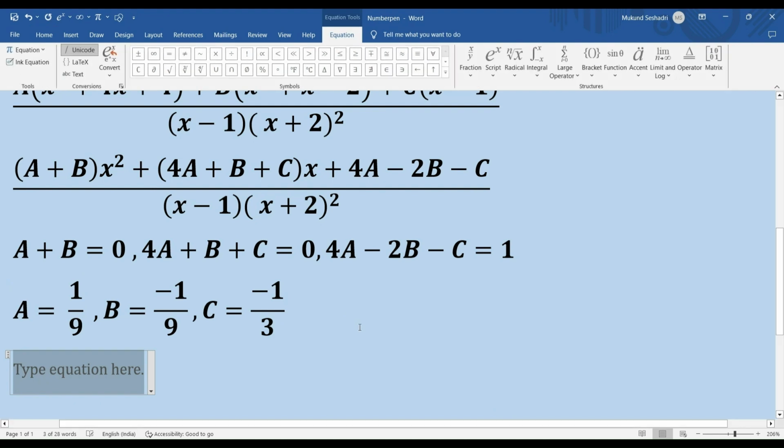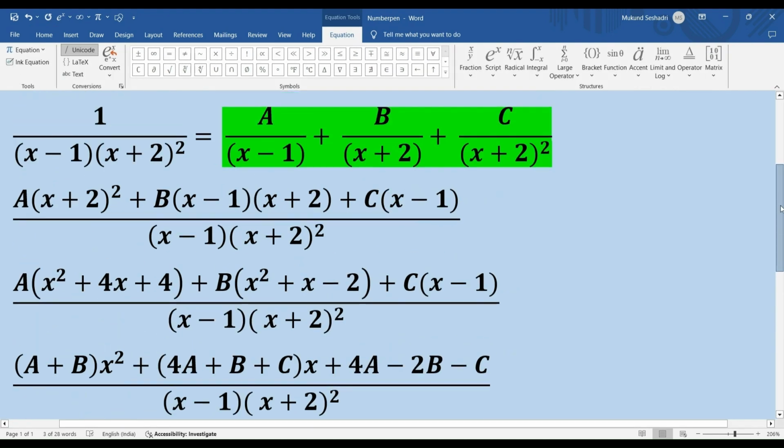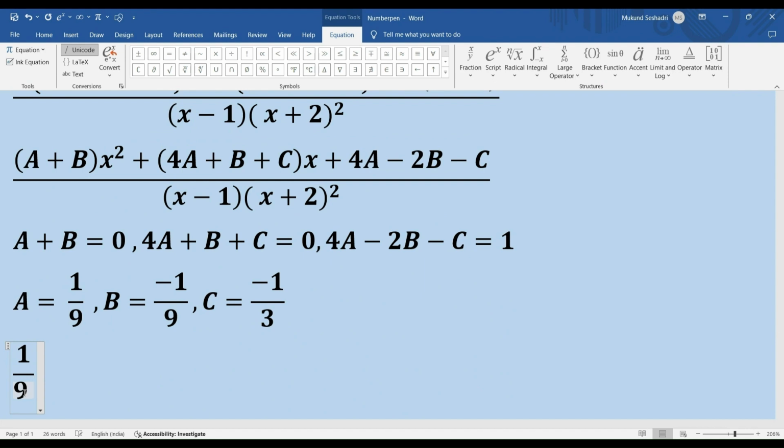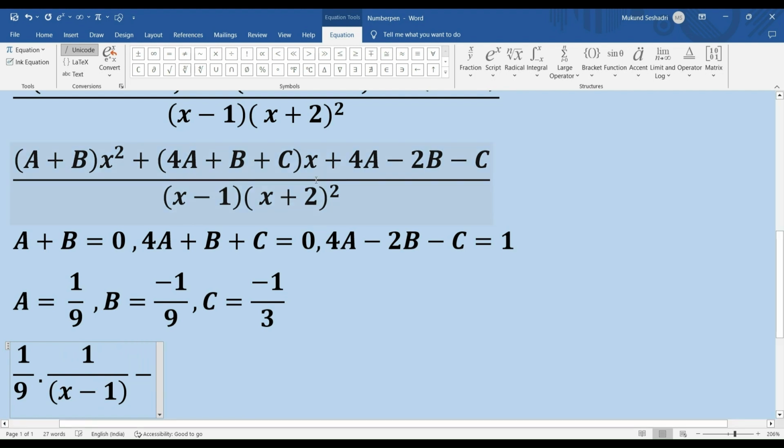And what's the expression I have? I have a divided by x minus 1, and in place of a, I have 1 by 9. So I write my 1 by 9 as it is, and then I have 1 by 9 times 1 by x minus 1. So let's write that down. Plus b times 1 by x plus 2, so my b is nothing but minus 1 by 9.